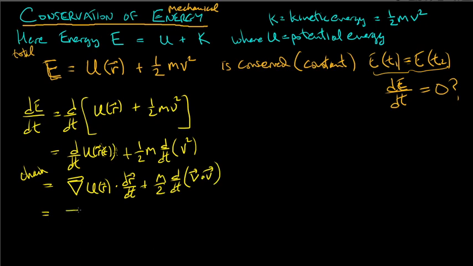So we still have the gradient of u dot product with the derivative of r, which is the velocity. I'll just call that v, plus m over 2. And you've done this before. This is just v dot the derivative of v plus the derivative of v dot v. So there are two of these.